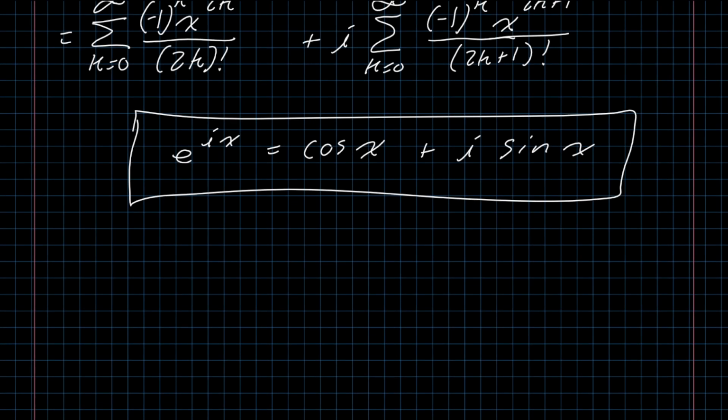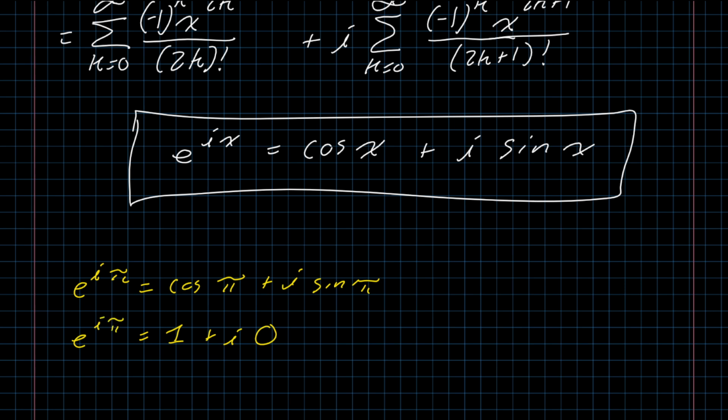The most famous place to evaluate this is at x equals pi. It gives you a very interesting result. So we have e to the i pi is cosine of pi plus i times the sine of pi. Cosine of pi is 1. Sine of pi is 0.